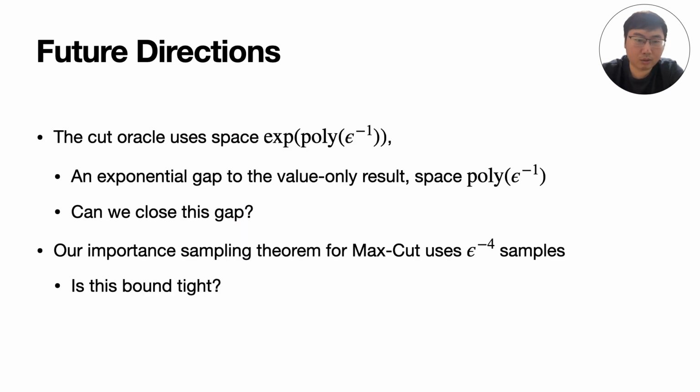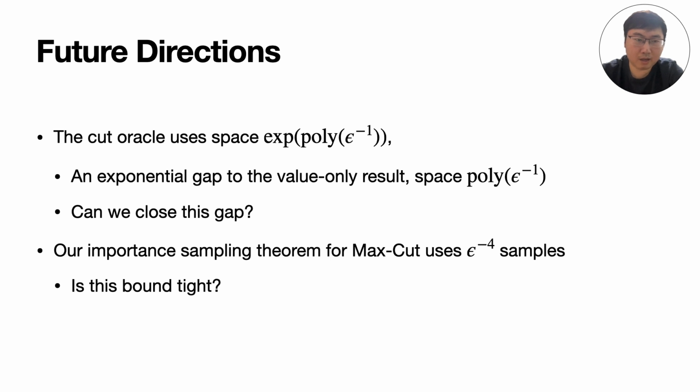So we conclude with two future directions. The first one is to improve the space complexity of the cut oracle. Recall that a cut oracle is a streaming algorithm that, given as a query a data point x, returns whether this x should be put on the left or the right of the cut consistently, so that if you query all the data points to this streaming algorithm, you obtain a max cut solution which is 1 plus epsilon approximate.